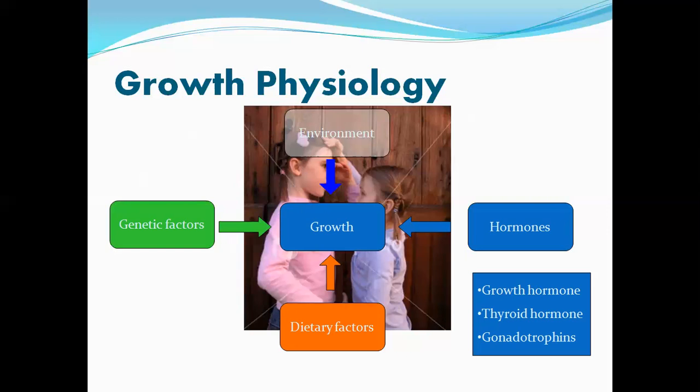Hormones: if there is any imbalance or deficiency of growth hormone, thyroid hormone, or gonadotropins, that will affect the height of the baby. So in growth physiology, genetic factor, environment, dietary factor, and hormones all affect the ultimate height or growth of the baby.